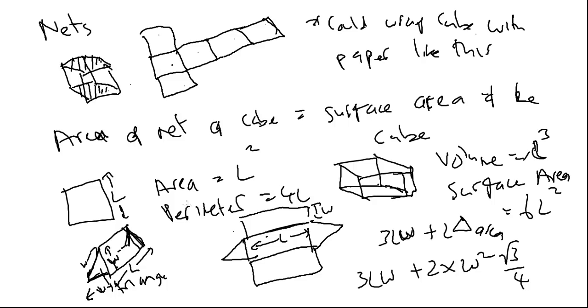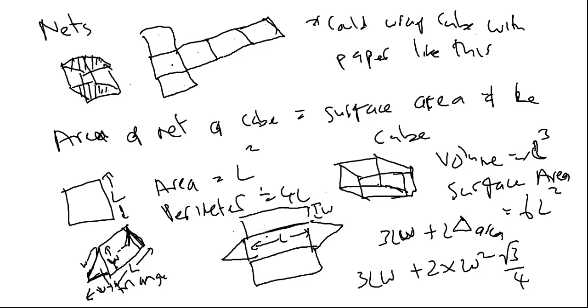And we can see for this object, which is like a Toblerone, it's got 3 rectangular faces and 2 triangular ones. So that's why our net has 3 rectangular parts and 2 triangular.